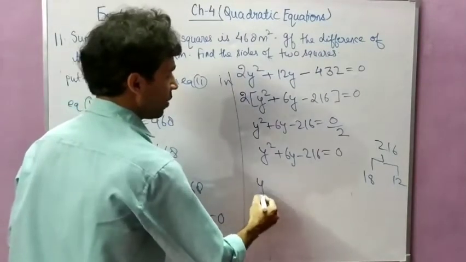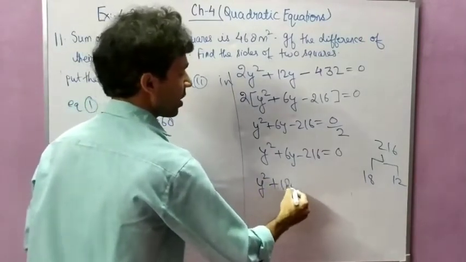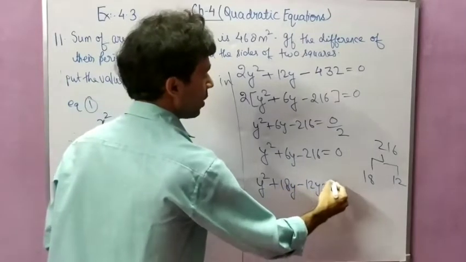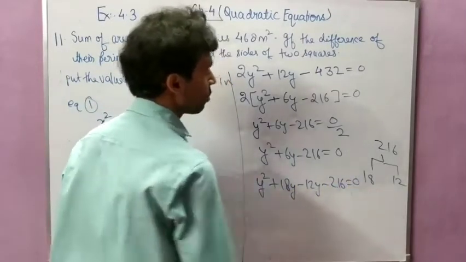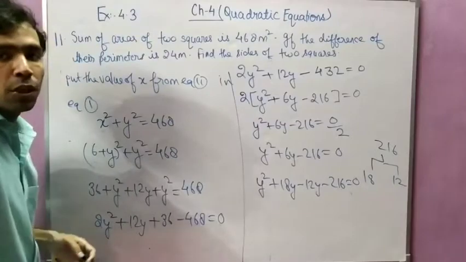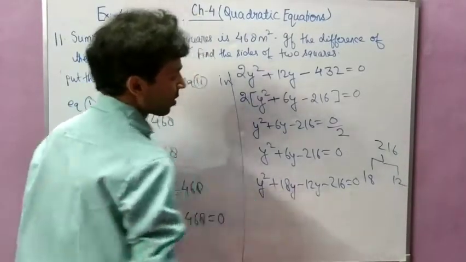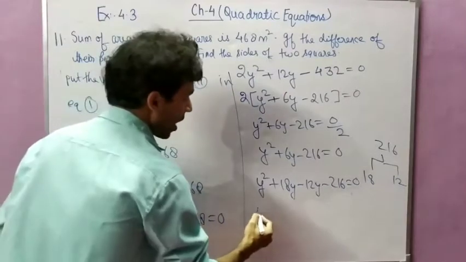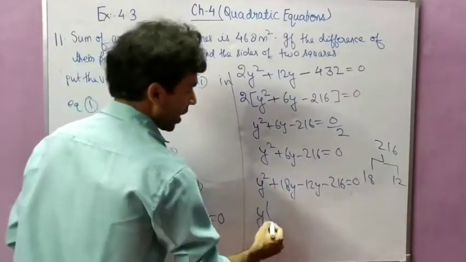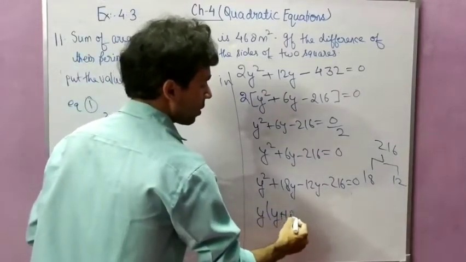So I can write y square plus 18y minus 12y minus 216 equal to 0. Now we have to take common. So we will make two pairs. The first pair is this, the second pair is this. From the first pair I can take y common, so in the bracket it will come y plus 18.